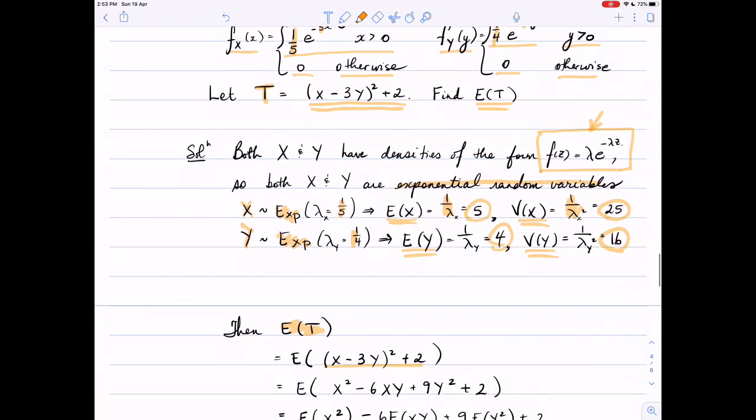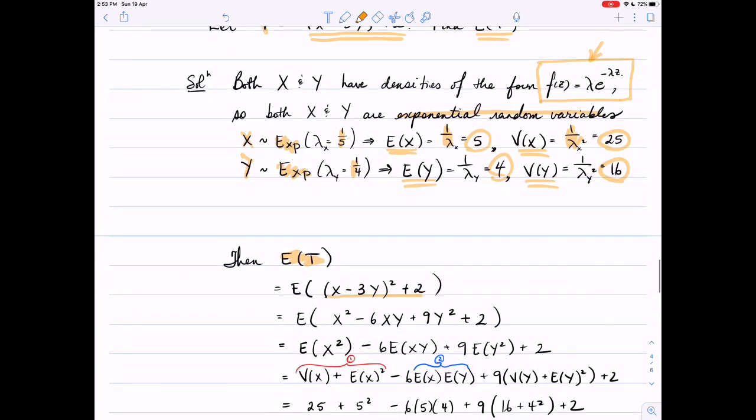We want to use the properties of the expected value. So we are going to expand this square, and then use the linearity of the expected value to bring out the constants and split the expected value over the sums and differences, with the property that the expected value of a constant is the constant.